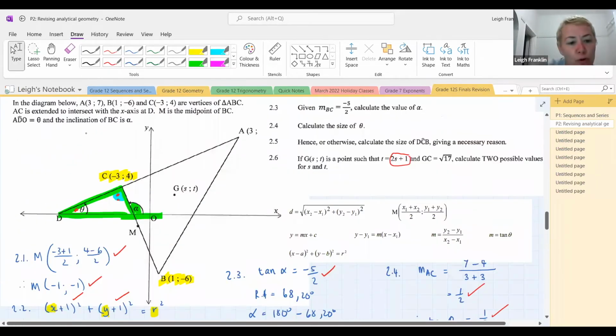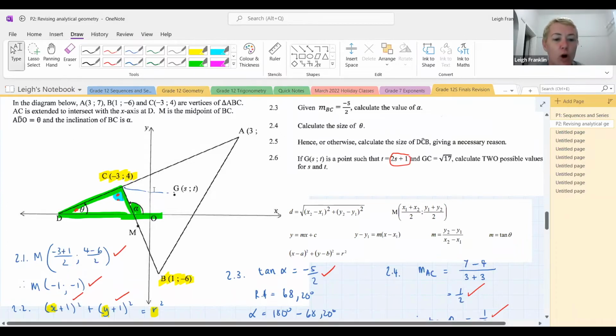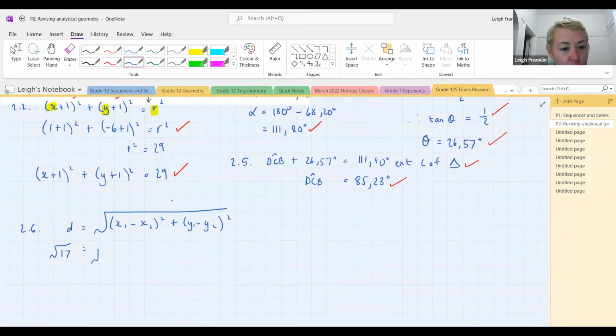So we work with the coordinates at G, S and T, and the coordinates at C as well. That's where S plus 3 came from. Does that make sense to everybody?